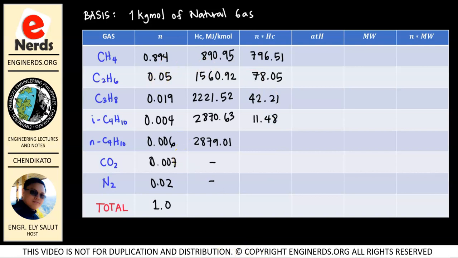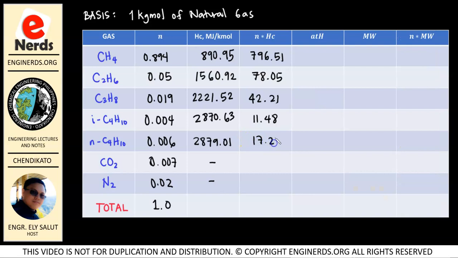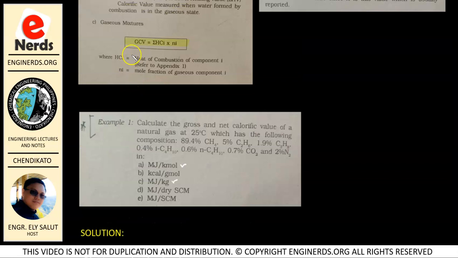And then we have 0.006 times 2879.01. We have 17.27. Okay. And here, since wala tayong heat of combustion, so this will be 0, no? It will be 0. So now, if we can get this summation, we will be able to get our heat of combustion or our GCV.